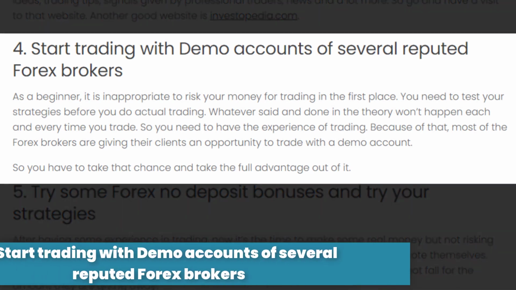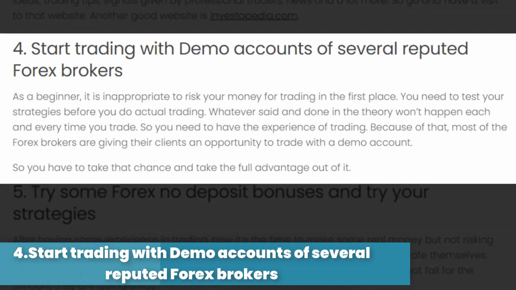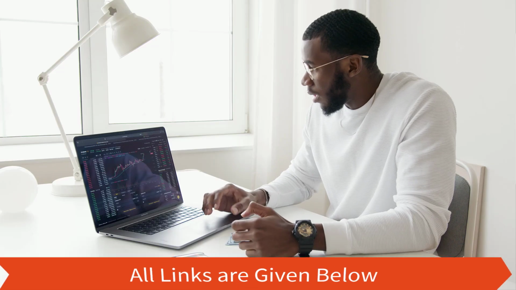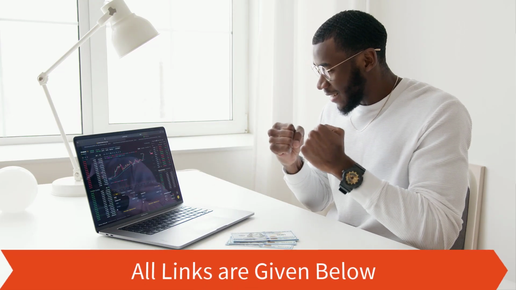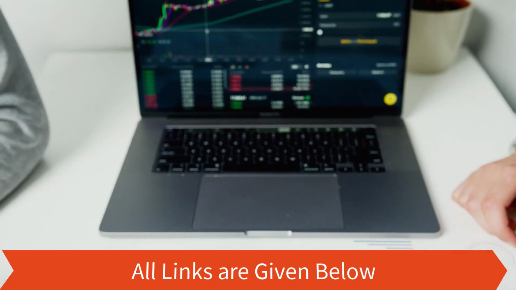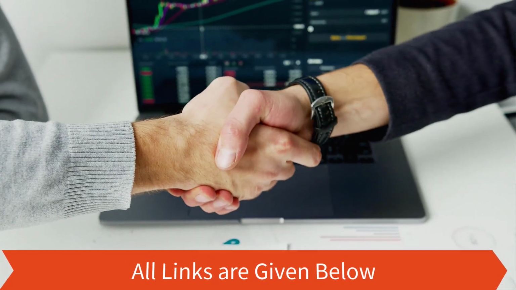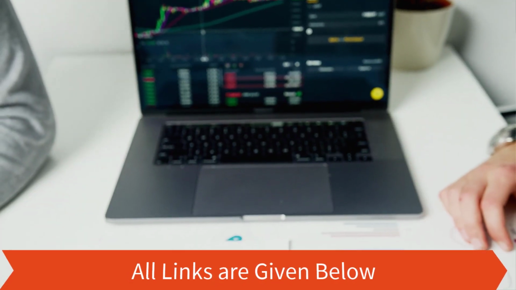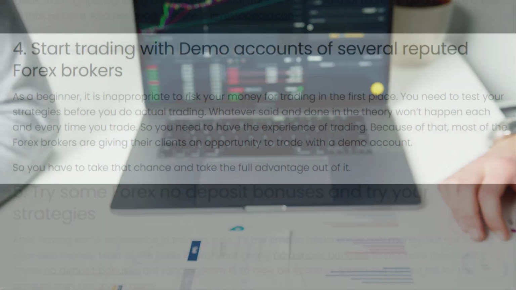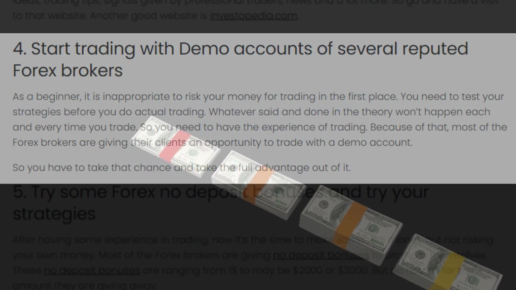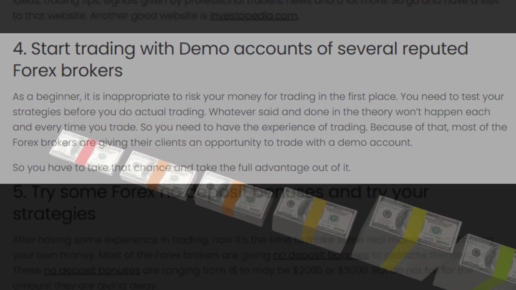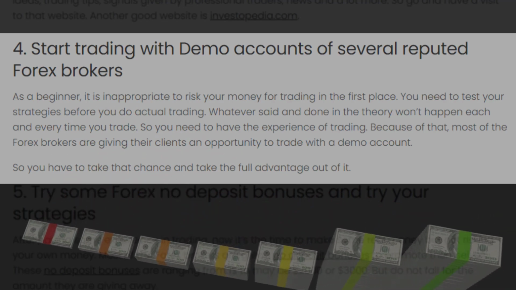Number 4. Start trading with demo accounts of several reputed Forex brokers. Most of the reputed Forex brokers give a demo account to their traders to test their strategies and to make the trading area a familiar one, so they can do their live trading very efficiently. Okay, let's read along. As a beginner, it is inappropriate to risk your money for trading in the first place.